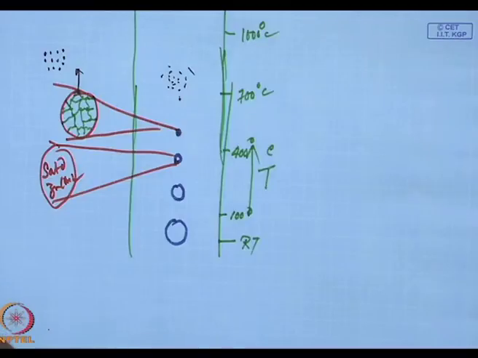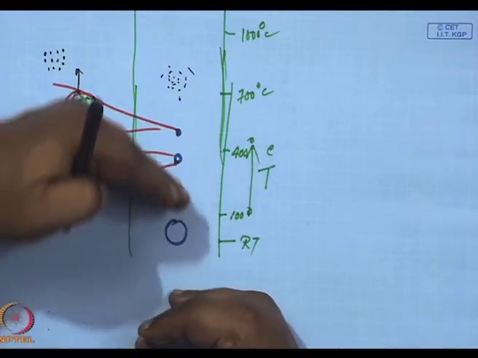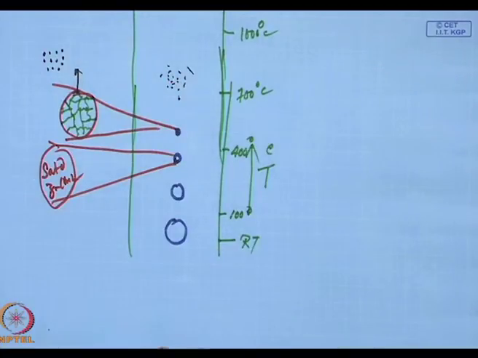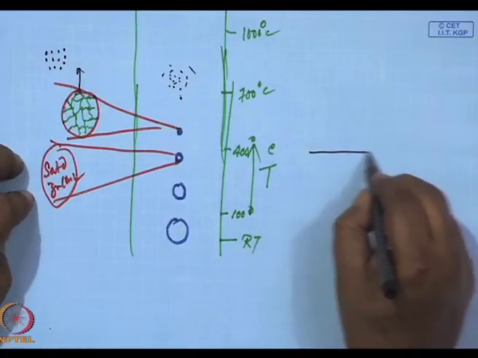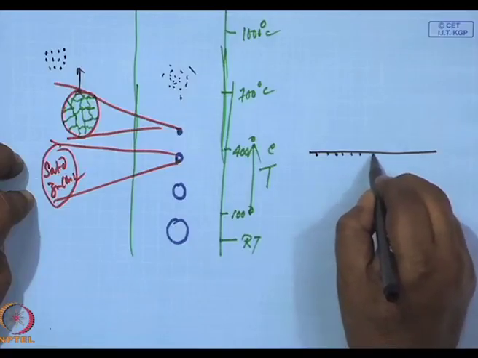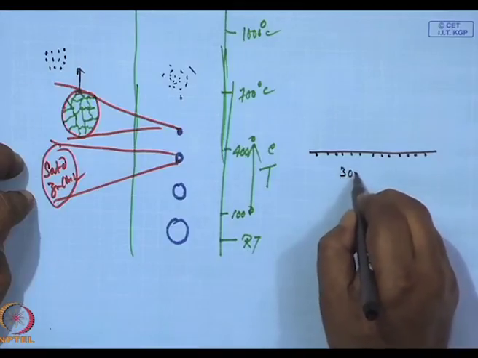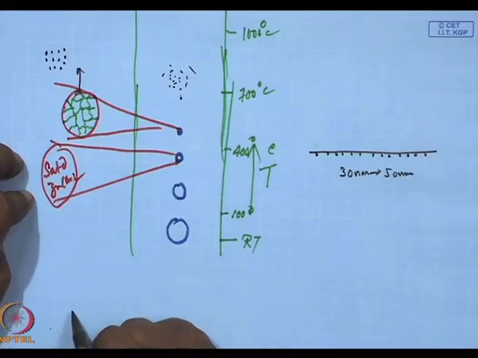Now these powders can be engineered very well by controlling the flow rate, the rate at which this is going up, the temperature and the concentration, so that on the substrate surface you have 30 nm to 50 nm size powders.